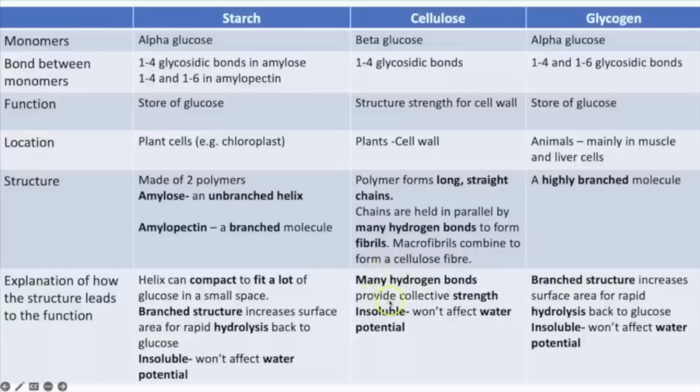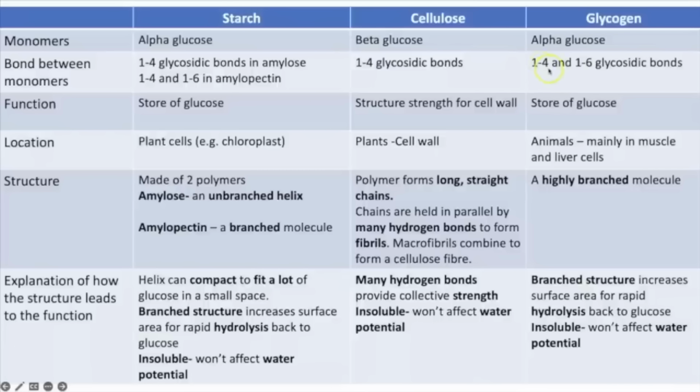So the function, linking to that structure, is the fact that there are so many hydrogen bonds provides that collective strength, and that is why cellulose within the cell wall helps to give structure and prevent the cell from bursting. Lastly, our glycogen is also made of alpha glucose, and it's very similar in structure to amylopectin in starch.